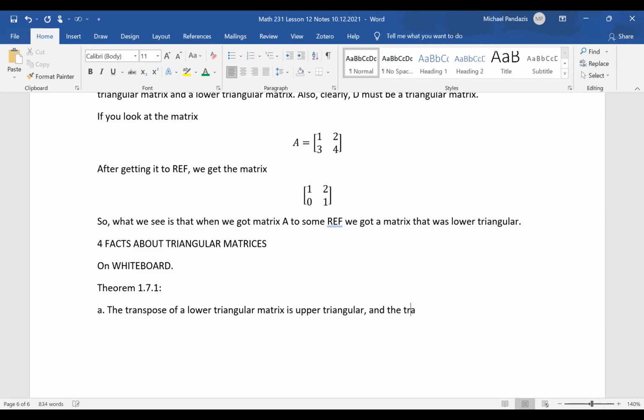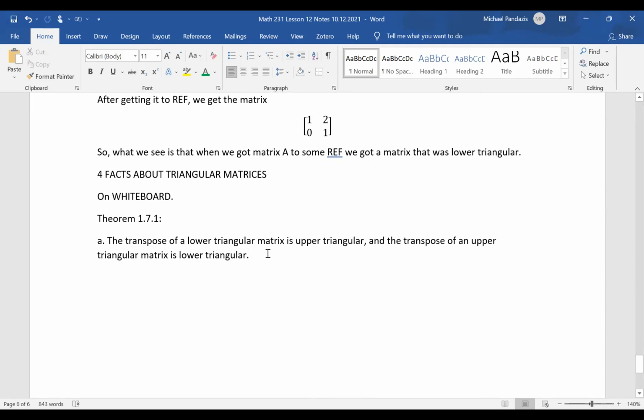And the transpose of an upper triangular matrix is lower triangular. Okay? If you take the transpose of the matrix, you switch the rows and columns. And if you do that, you start with the lower triangular and it becomes upper triangular. And if you switch rows and columns of an upper triangular matrix, it becomes lower triangular.